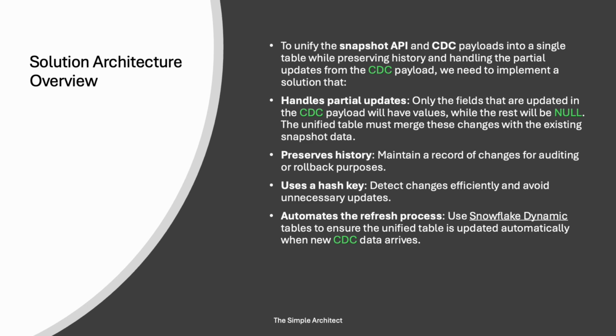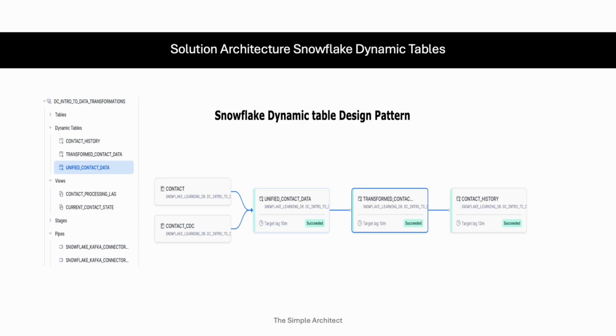And obviously automate the refresh process: use Snowflake dynamic tables to ensure the unified table is updated automatically when new CDC data arrives. This is the high-level solutions architecture using Snowflake dynamic tables. The solution leverages Snowflake dynamic tables to process and unify Salesforce data into three key objects.